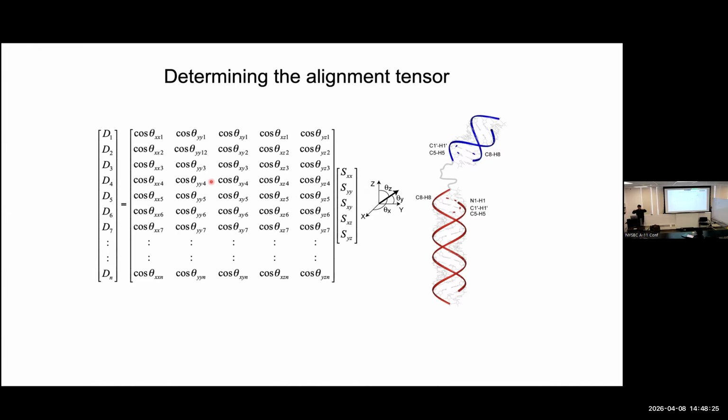You can calculate for this structure where the bond vector was here, it would have one theta. When it was here, it has a slightly different theta. Then you average them, and now you have an average over the cosine. That would be important to consider, and that is why RDCs can also be sensitive to internal motion.